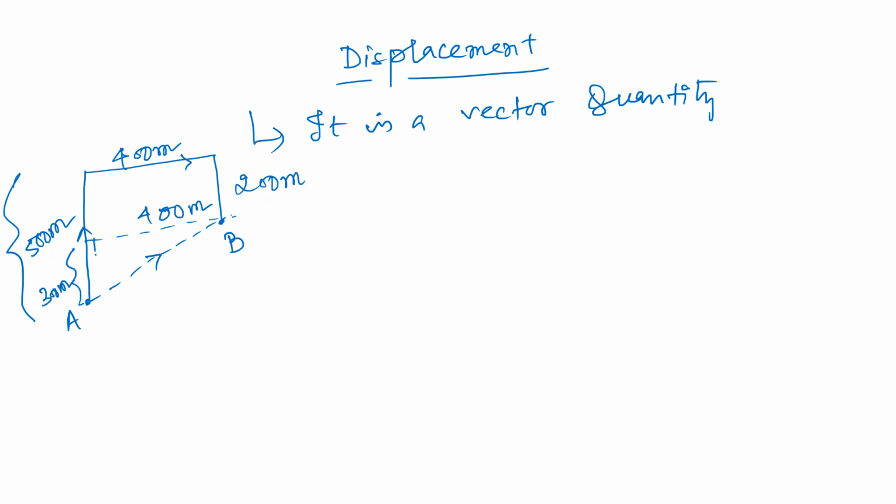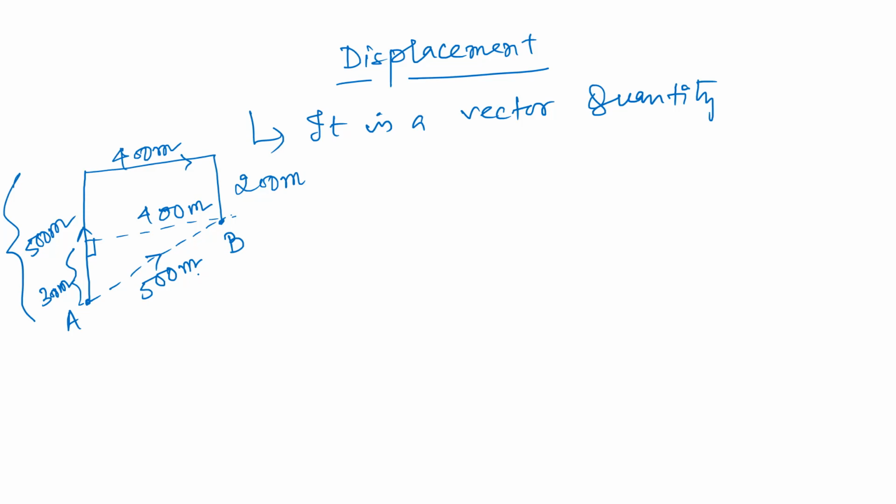So with the help of the Pythagoras theorem, we have found out the displacement between the points A and B, A is the initial point or the initial position, and B is the final point or the final position of our journey. So in this case, the answer we have obtained is 500 meter, right?